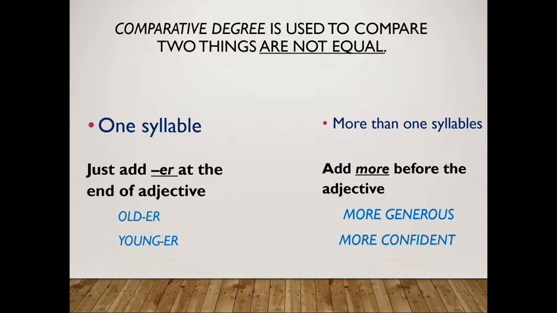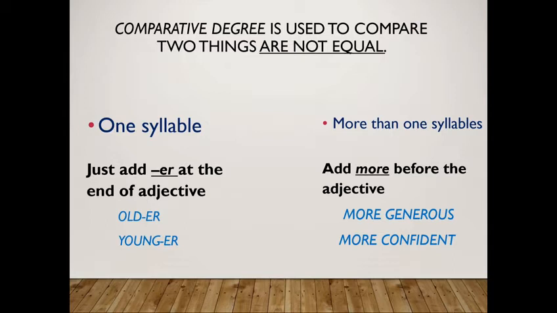Alright, let's continue. In comparative degree, remember that you must pay attention to syllables. If there is one syllable, you only add er at the end of the adjective. The examples: old, young become older and younger, right? You just add er at the end of the adjective.